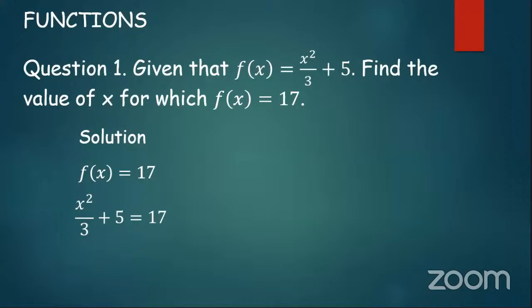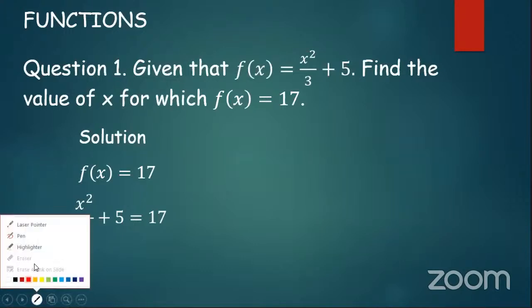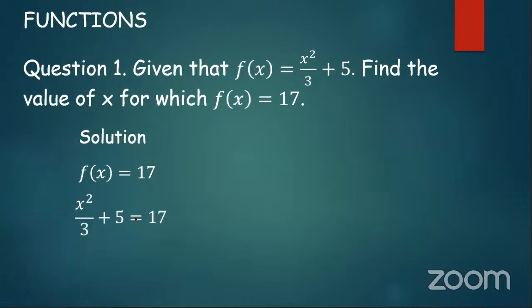But what I did, I first took the 5 to the right hand side. I made it cross to the right hand side and it becomes negative. So it becomes 17 minus 5, which is going to give us 12.